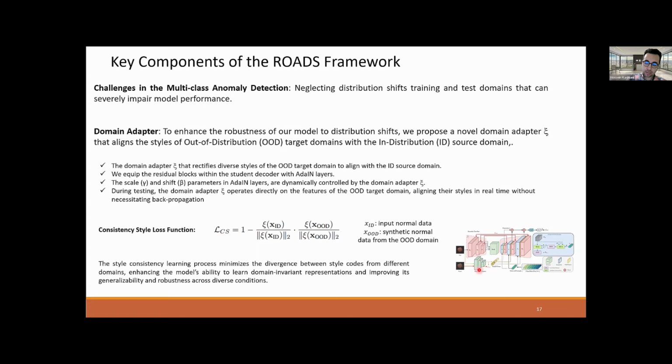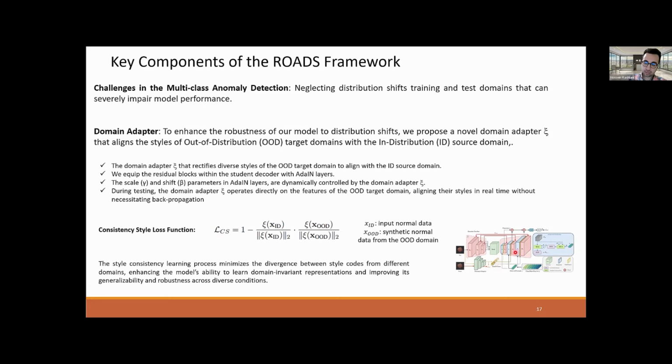We train this domain adapter to generate a domain-invariant representation in terms of identity parameter and style codes. And these style codes are then fed to different adaptive instance normalization layers in our decoder.